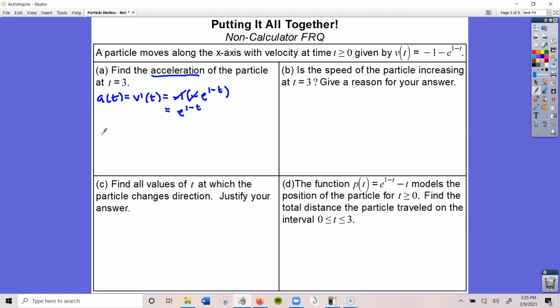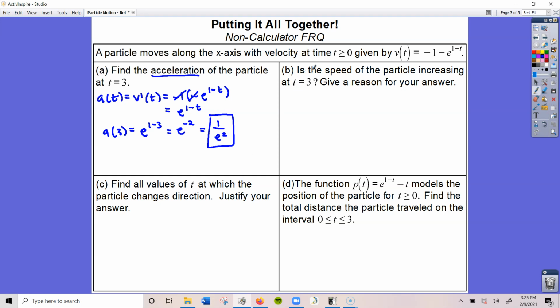So we want to find the acceleration when t is equal to 3. So a of 3 is going to equal e raised to the 1 minus 3, which gives me e raised to the negative 2, which can be rewritten as 1 over e squared. Now we're not given units, so you don't have to worry about it. This would be my answer.